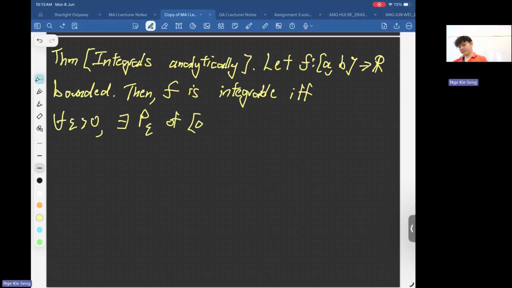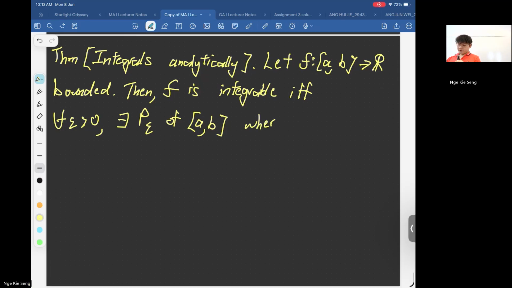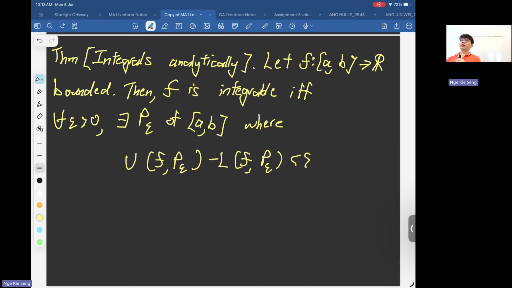So now we upgrade our mathematical toys. We look at a partition that depends on this epsilon, such that we can make UFP and LFP as close as possible. Previously I told you they need to be equal, right?